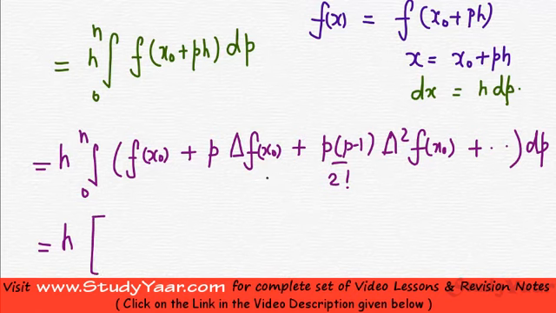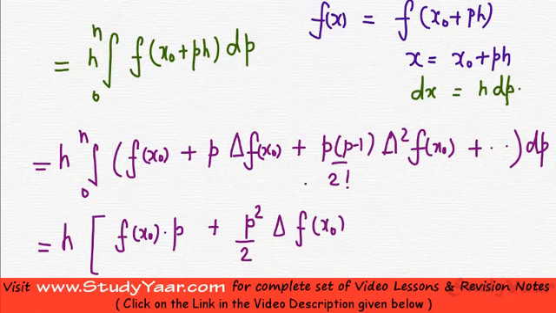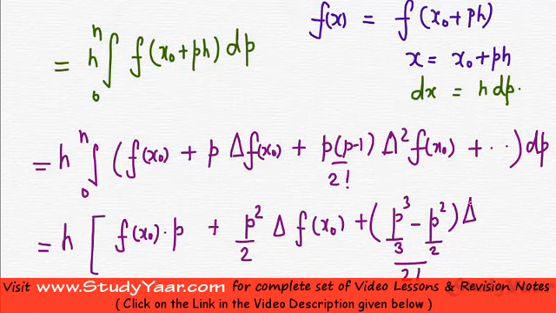So you have h into, integrating this with respect to p, this is a constant, so you're going to have f of x0 into p, plus the integration of this is going to be p square upon 2 delta f of x0, plus you integrate this, this is your p square minus p, so it's going to be p cube by 3 minus p square by 2 upon 2 factorial, and then you have your delta square f of x0, and you have the rest of the terms, delta cube terms, delta raised to power 4 terms, and so on.